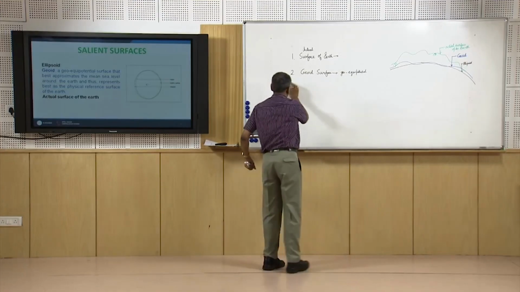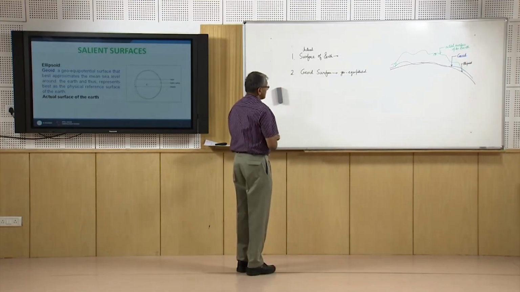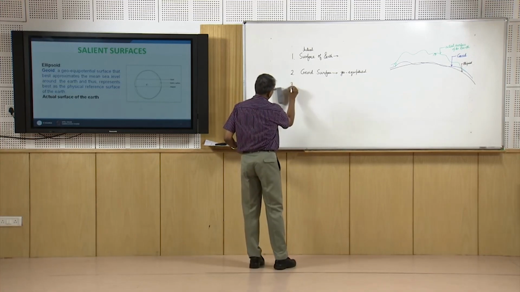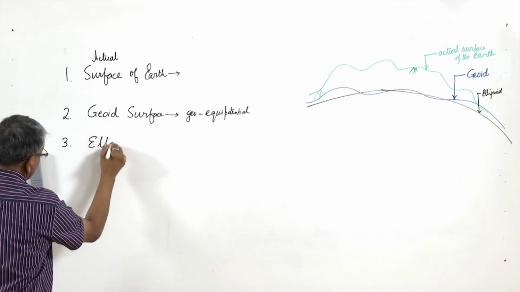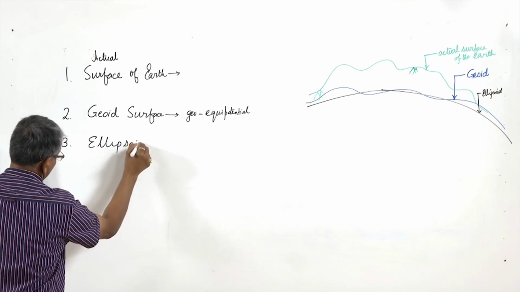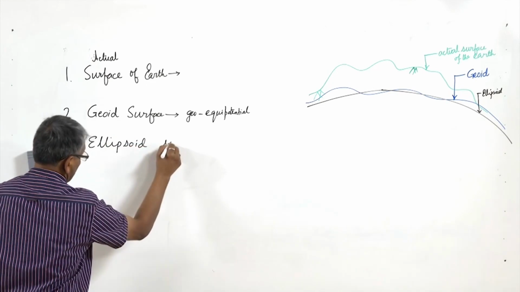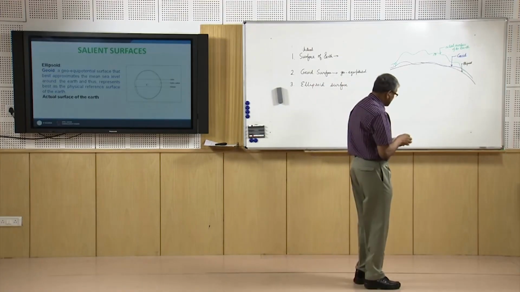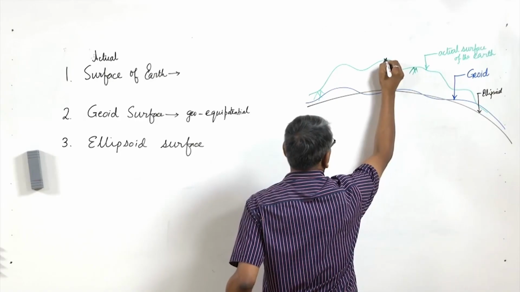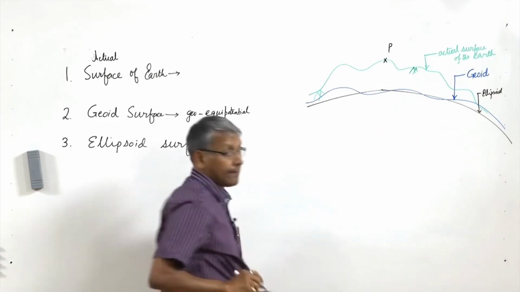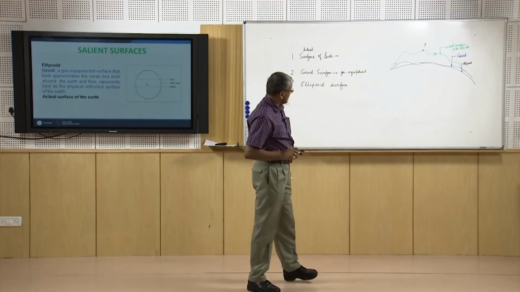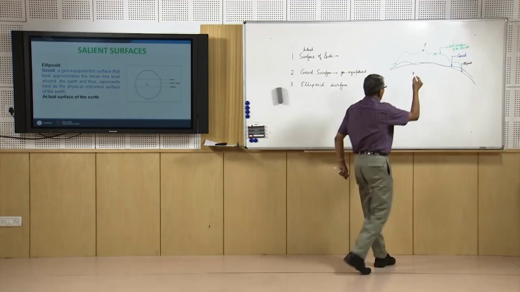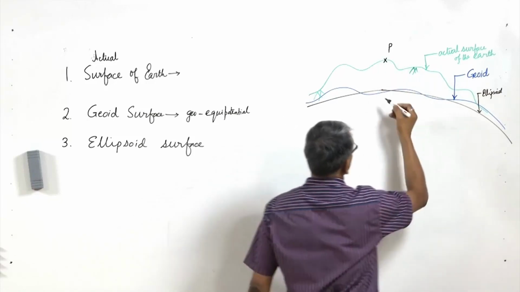Anyway, so the third surface is the ellipsoid surface. If we consider a position point P, now the height of this point with respect to the ellipsoid.